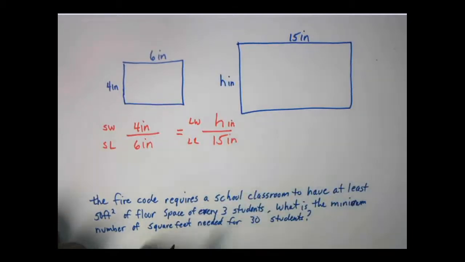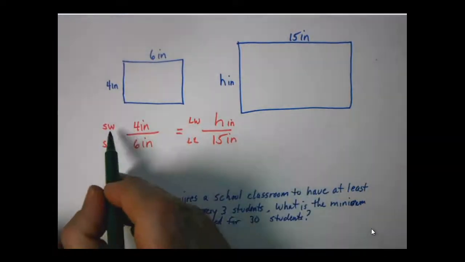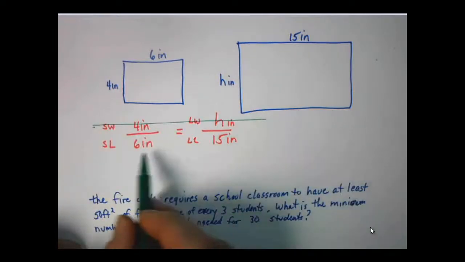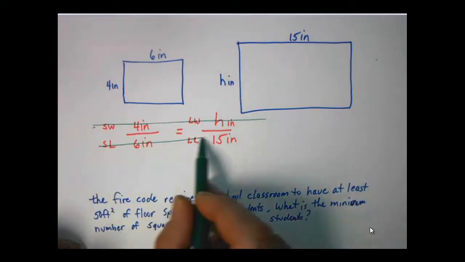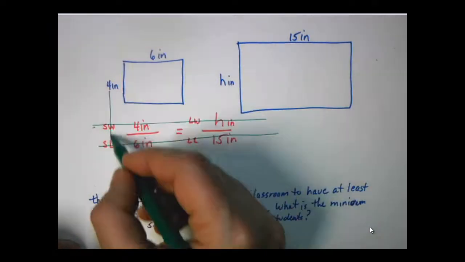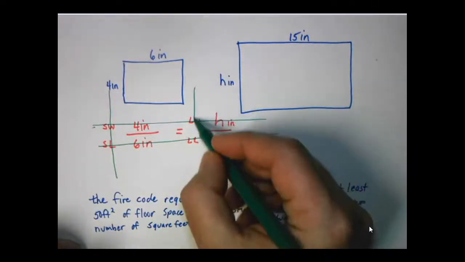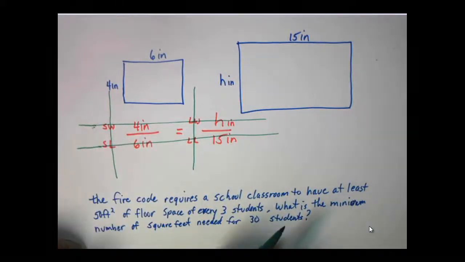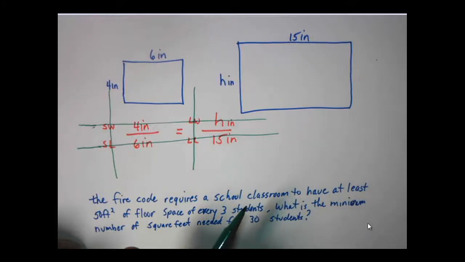Now when I set this up, I call it a tic-tac-toe grid. So I have height, height, width, width, small, small, large, large. So I have this tic-tac-toe grid looking setup, and as long as I have that when I do my setup, all I have to do then is to cross multiply and divide.